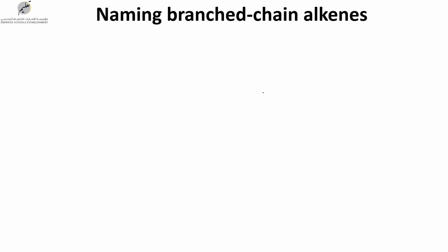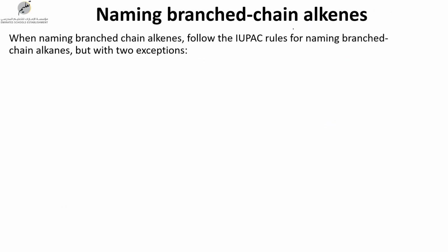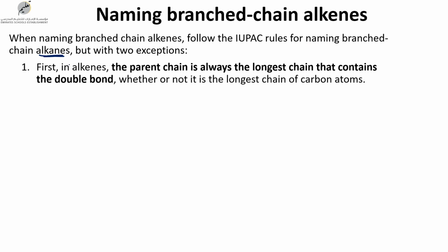Okay? So how do we name branched chain alkenes? Again, it's the same as naming alkanes that we learned in the second lesson, section 2. But the only difference now is that you have two exceptions. Number 1, the parent chain is the longest chain that contains the double bond.